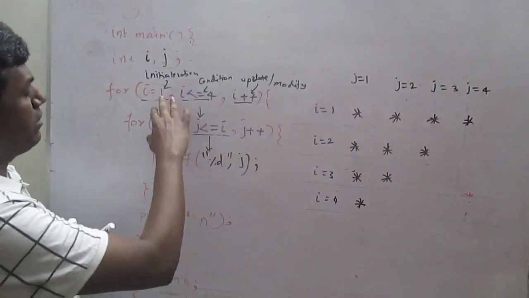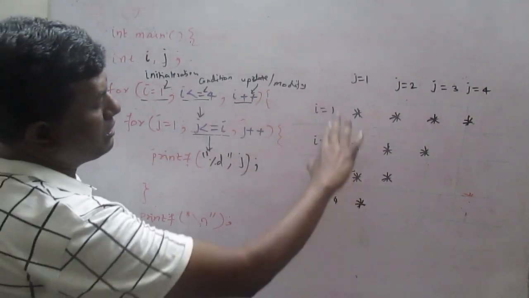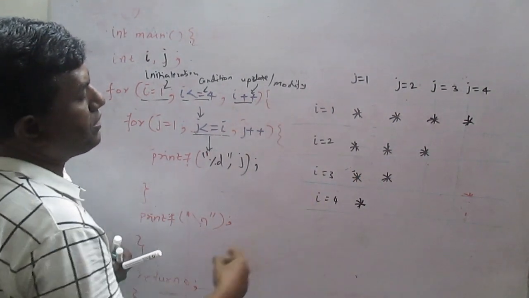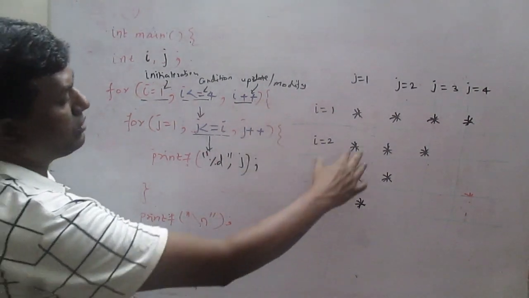Very simple, we just do the reverse. Previously it was a right angle triangle, now it is an inverted right angle triangle.